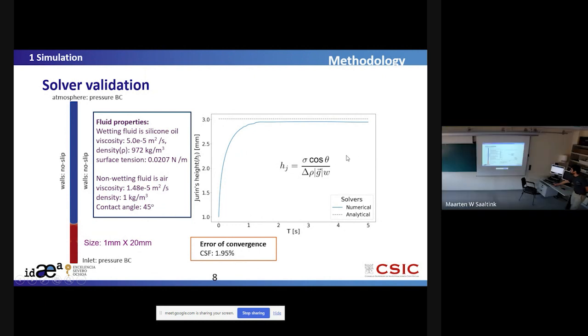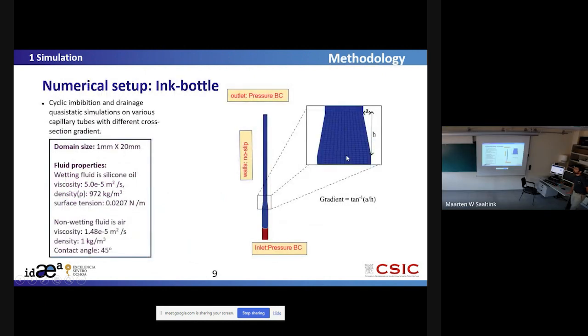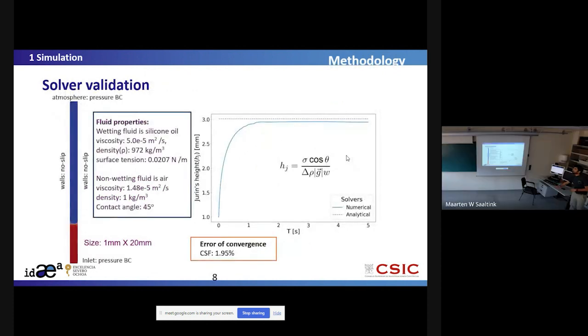So anyway, after we verify our numerical solver. Sorry, why is the analytical solution flat? Yeah, it's just a steady state solution. So it's just what would be the height of the interface. So this solution will only give the final height. The steady state solution.